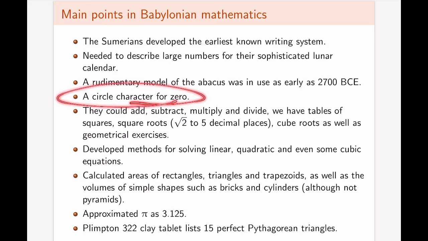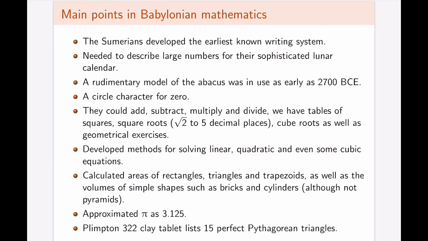They actually had a character for 0, which is an abstract concept not developed by many ancient cultures. They could do all of the arithmetic operations that are necessary, including square roots and cube roots to be used in geometric exercises. They developed not general methods, but rather, again, through example, various methods for solving linear, quadratic, and even some cubic equations, which is just astonishing.